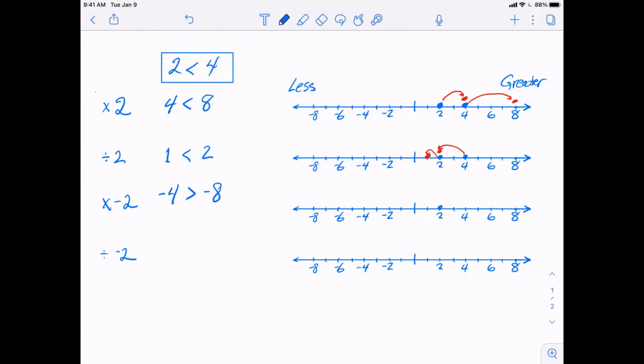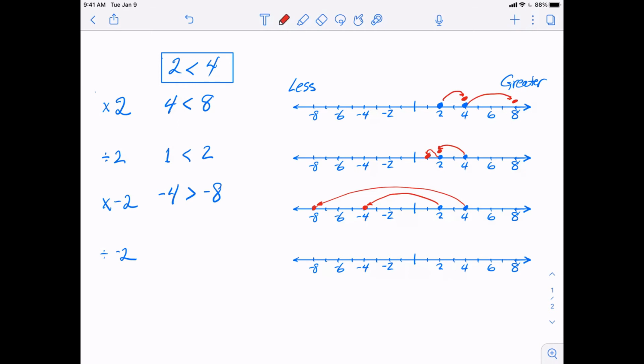We start with 2 and 4, and then if we multiply by negative 2, the 2 becomes negative 4, and the 4 becomes negative 8. And we've seen that the sides switch places. Here, this number is to the left. Here, it's to the right.